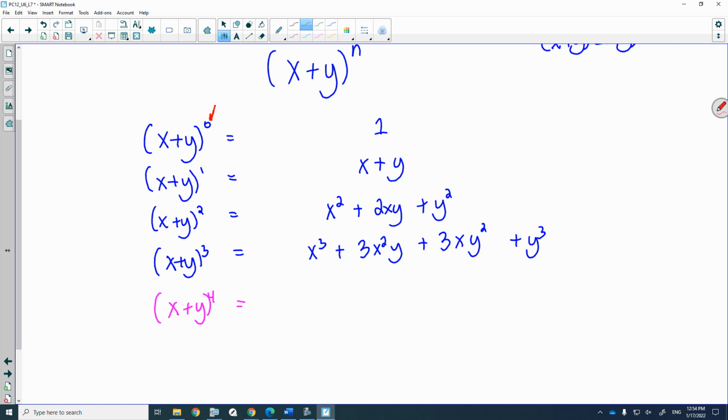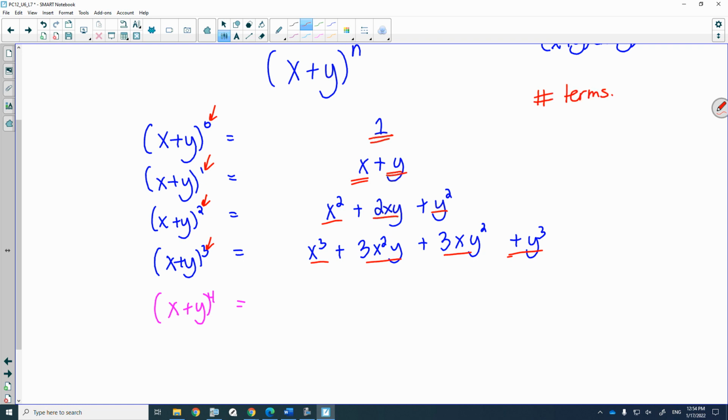When this is raised to the power of 0, how many terms do you have? You've got 1 term. When it's to the power of 1, you have 2 terms. When this is to the power of 2, you have 3 terms. When this is to the power of 3, you have 1, 2, 3, 4 terms. So the first pattern that you should see has to do with the number of terms.